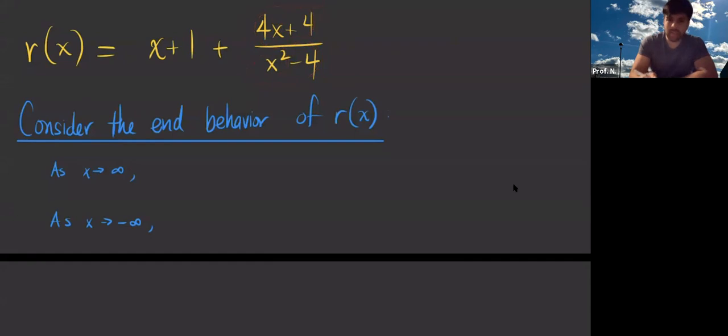So because x goes to something that's huge, you know what this goes to? 4x plus 4 over x squared minus 4 approaches 0. And I know it might seem a little strange, like, how is this possible? You can try it yourself.